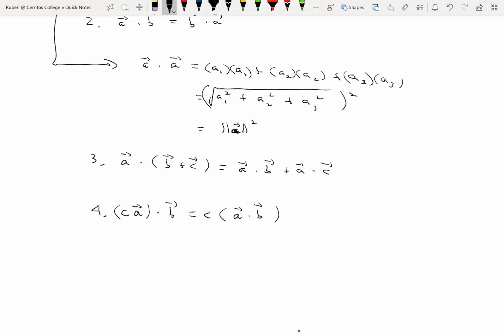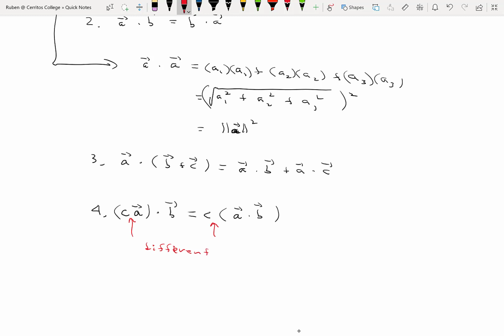Be careful here. The products occurring on the left-hand side and on the right-hand side are not the same. The multiplication occurring here is different from the multiplication occurring here.